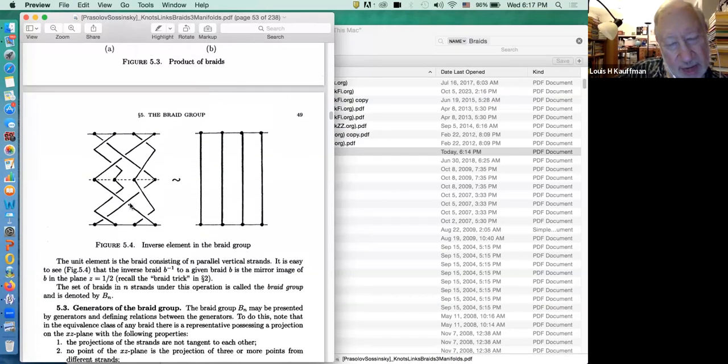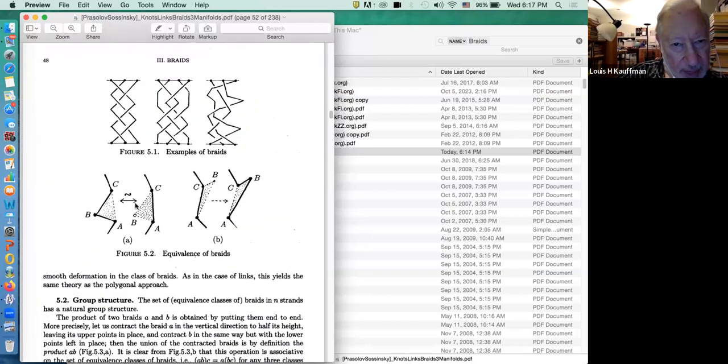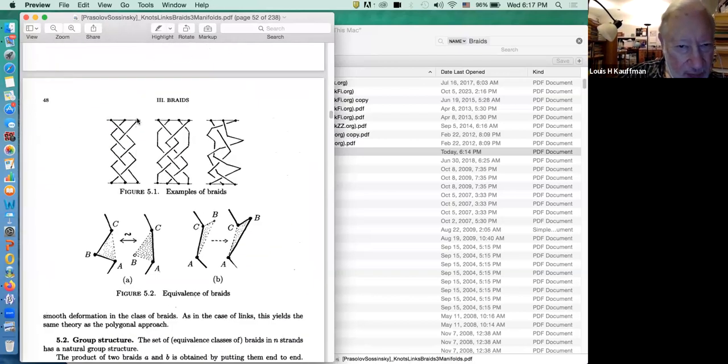And so braids turn out to be a very important, although we're only going to touch them sort of from the side in this talk, a very important way to formalize algebraic things about knots and links. There's a beautiful theorem due to Alexander, which tells us that every knot or link can be written as the closure of a braid. And the closure of a braid means that you take the braid like this one and you tie the top to the bottom by putting a line through here, another one there, and another one there.